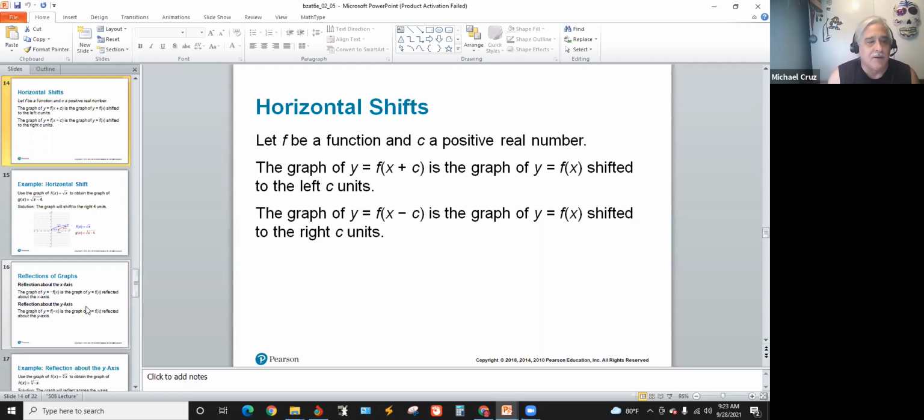It's just the opposite of what it was for the vertical shift. In other words, a plus c inside of the function makes it go to the negative side. And then the negative value added to the inside of the function shifts it to the right. What does that mean?